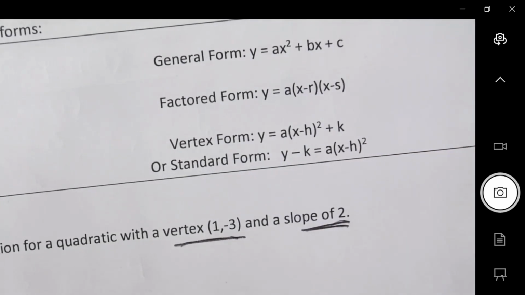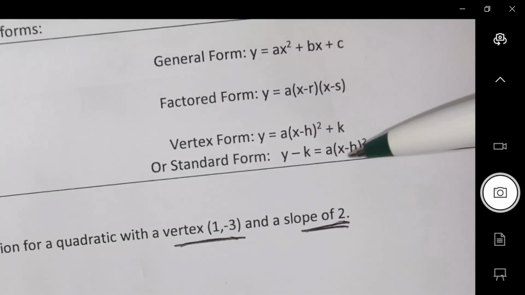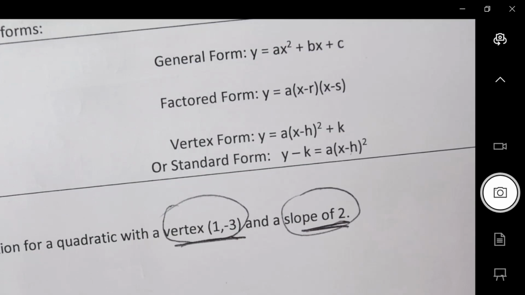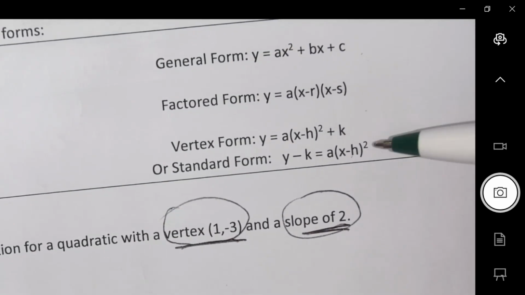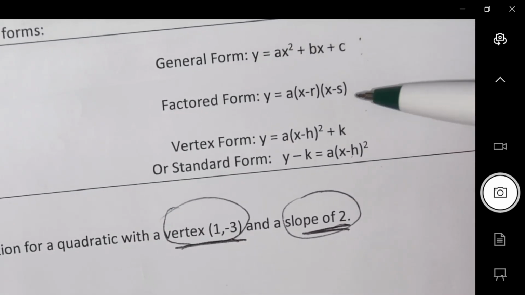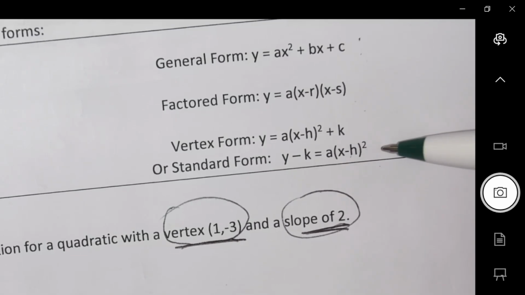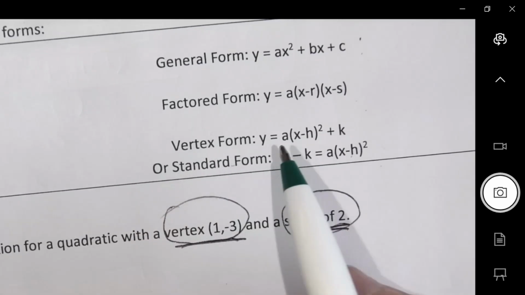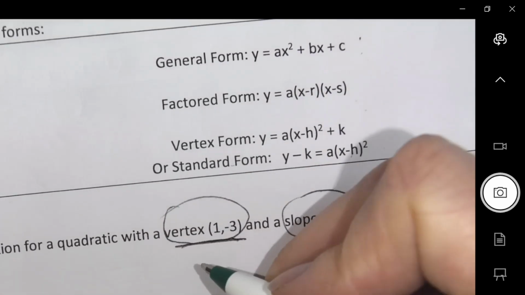And also I'm going to think about which form should I use. If I'm given the vertex and the slope, which method should I use? The first, the second, or the third? The third, because I've been given a vertex, so I'm going to go with the vertex form. Okay, so we're picking vertex form.